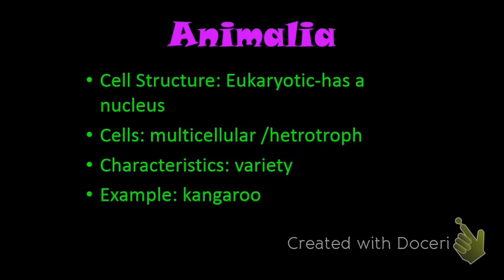Then we have the animal kingdom. They're also eukaryotes. They all have a nucleus. They are multicellular. They cannot make their own food, so they're heterotrophic. Characteristics, great variety. That's why we have different phyla of organisms and classes of organisms under the animal kingdom.